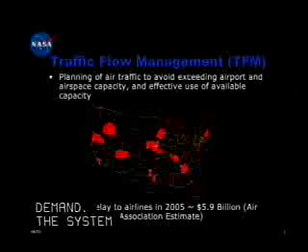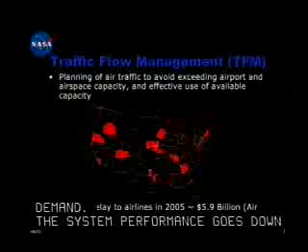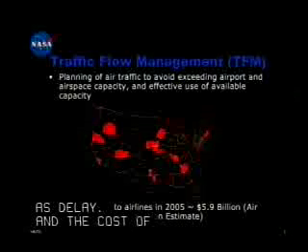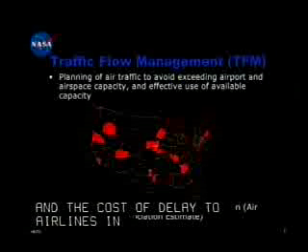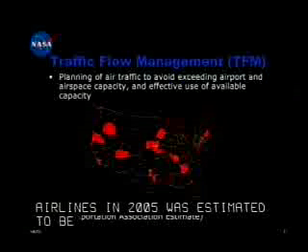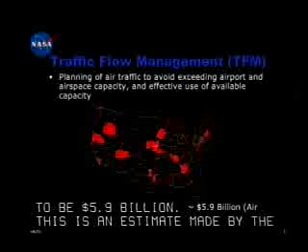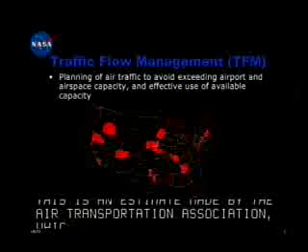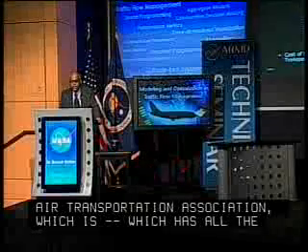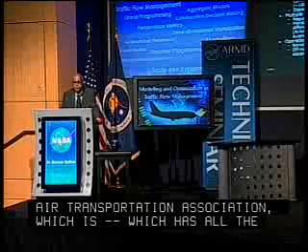And the cost of delay to airlines in 2005 was estimated to be $5.9 billion. This is an estimate made by the Air Transportation Association, which has all the commercial airlines as its members. Next view graph, please.